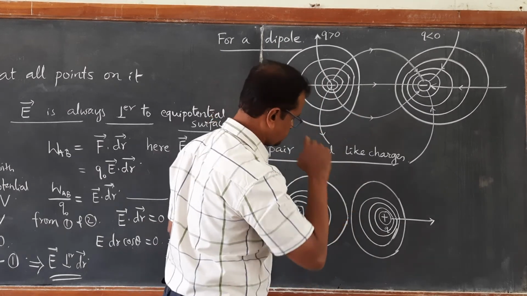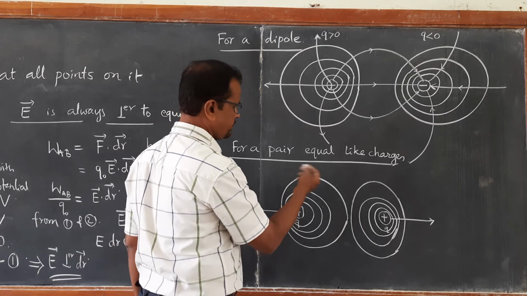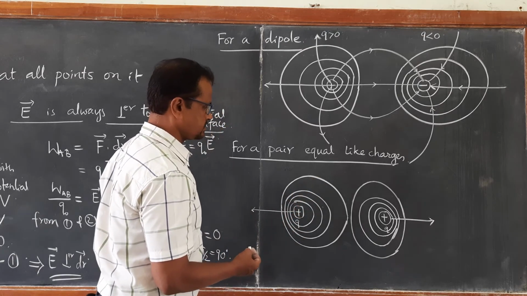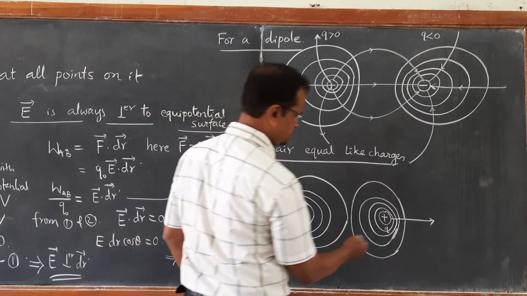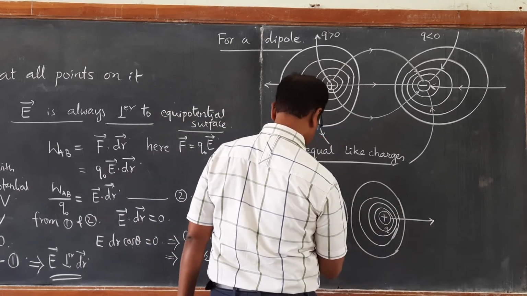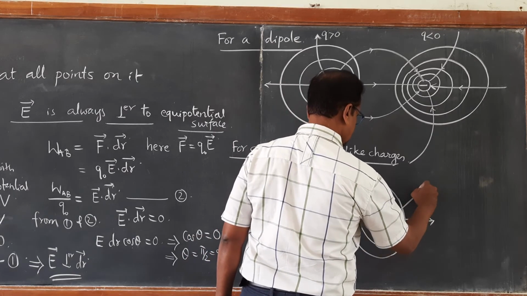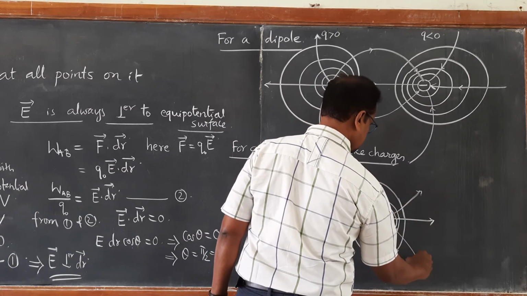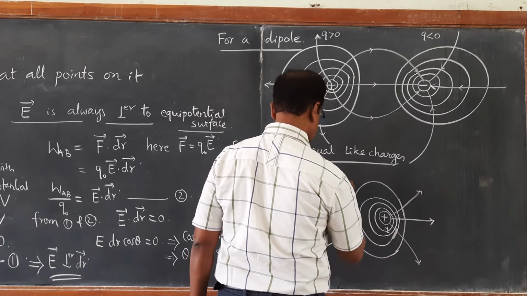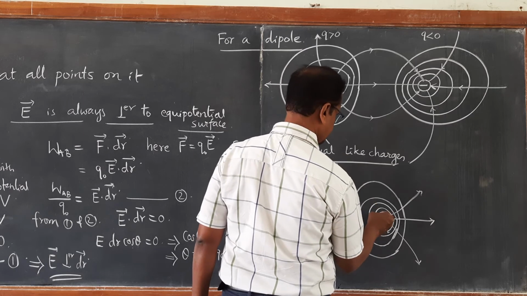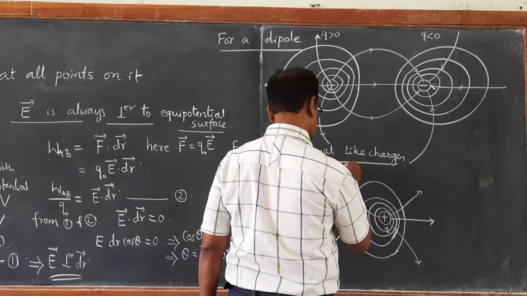So, this is how the field lines appear for a pair of equal and opposite charges. It is not a pair of equal and opposite charges, it is a pair of like charges, right. So, you have to draw properly. If you draw the field lines, you see the field lines are radially outwards, and in this case the field lines are exerting a repulsive force and pressure on each other.